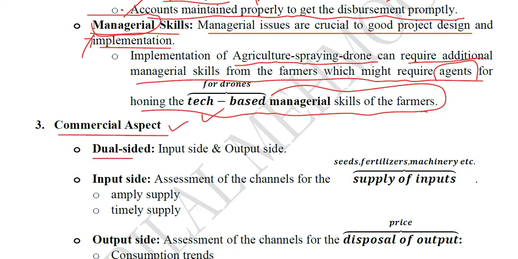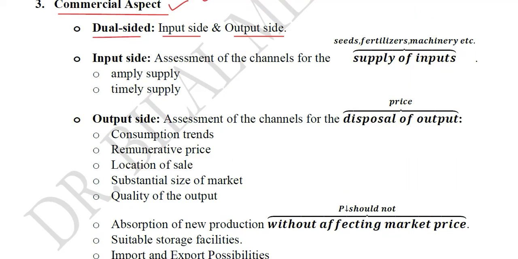It is a dual-sided thing because it deals with the input side as well as the output side. You know that in every project, both of these things happen, that we have inputs and we have outputs. So we have to consider both of the sides. So under this aspect, the first major heading is input side.